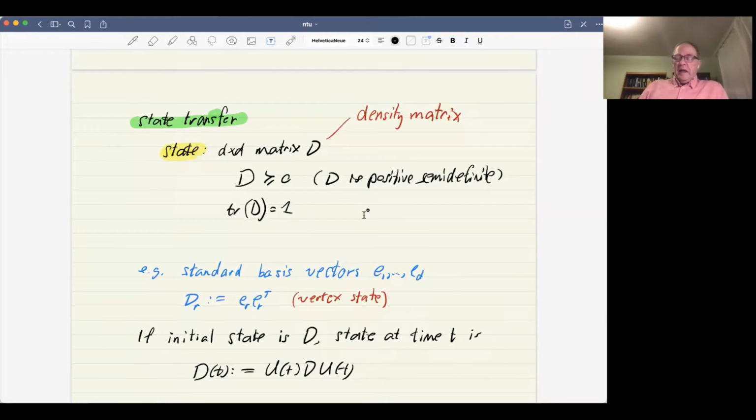And so the understanding now is that we have an initial state. We let the system evolve under U(t) for some time, and then we have the current state. Now, the state at time t is given by the product U(t) D U(-t). At this point, you could forget most of the physics, provided it's going to motivate your choice of states and things like this.